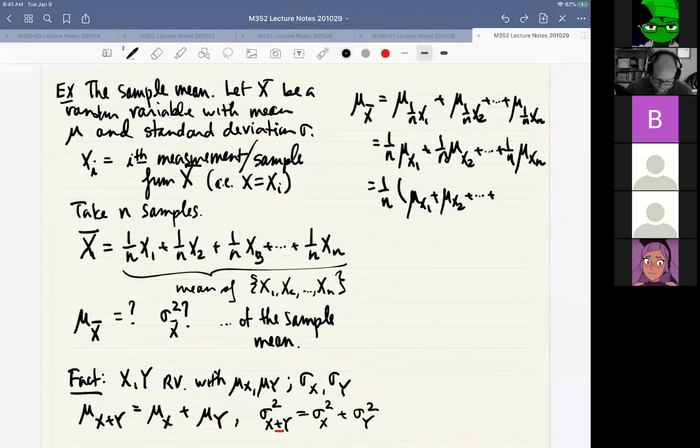And because all these samples come from x, they're all the same as x. So I've got n times mu of x. Those n's cancel. And the mu of x is just mu.